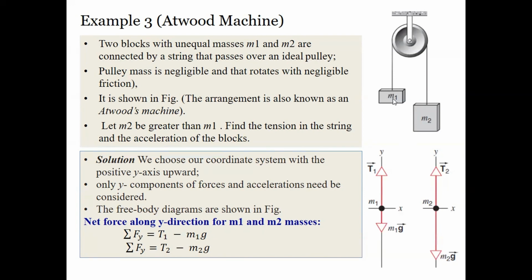Once we look into the mass M1, we can see that away from the mass is the tension T1 and the downward force is M1 into G. Similarly, for the mass M2, away from the mass is the tension T2 and the downward force is M2 into G. Therefore, if we choose the coordinate system and decompose and only focus our attention on the y component of the force, then the net force along the y direction for M1 is T1 minus M1 into G. The minus is due to the fact that it is in the downward direction.